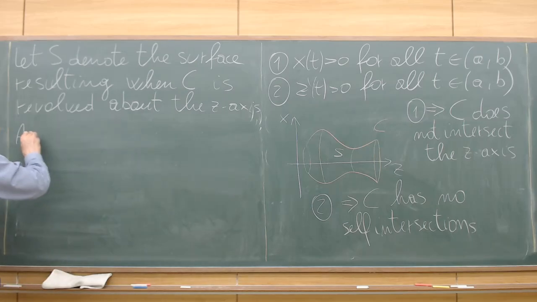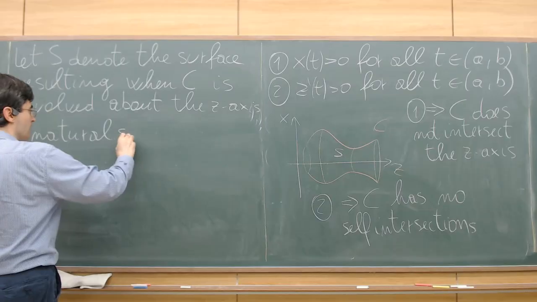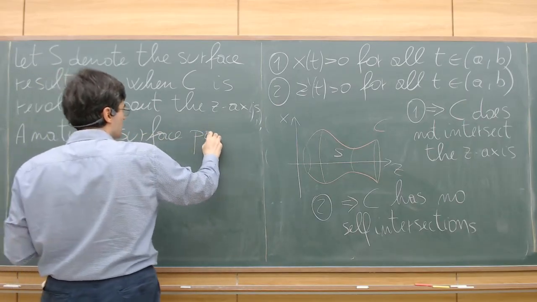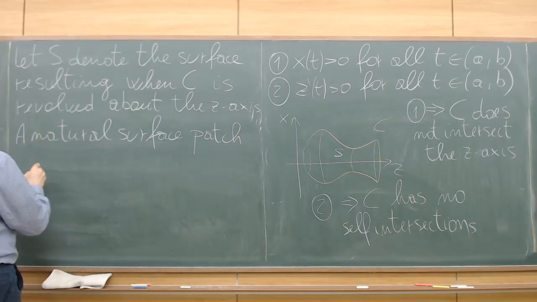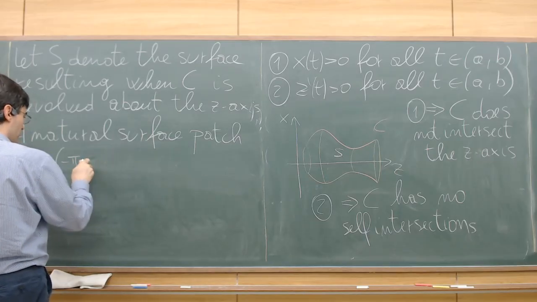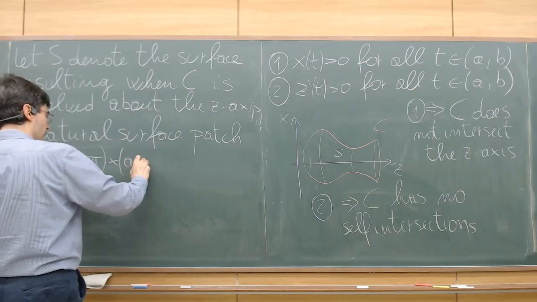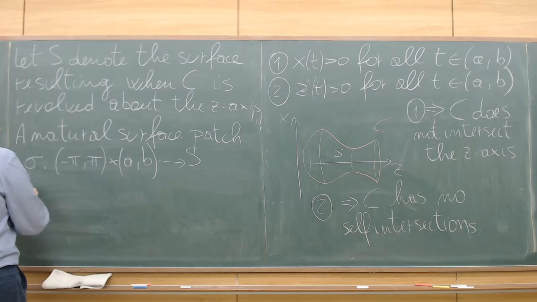So a natural surface patch is given by this formula, sigma of theta, t.